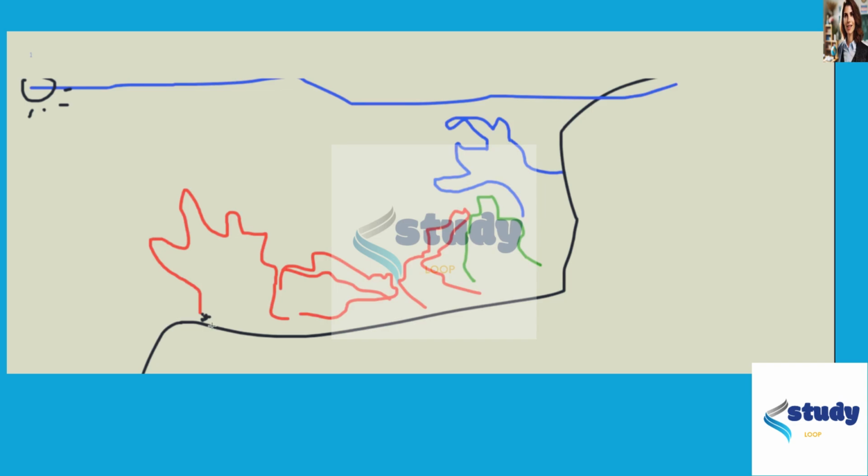And once they root themselves to the ground, they actually clone and start forming exoskeletons all near each other. And the exoskeletons are actually the reefs that you see.